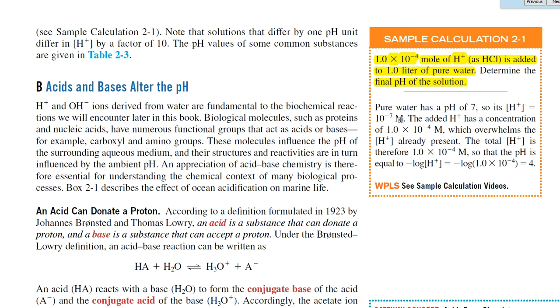Whatever number of hydrogen ions we add, it will show that pH only. So the total is 1 times 10 to the power minus 4 only. The formula to determine pH is minus log of hydrogen concentration. So minus log of 1.0 times 10 to the power minus 4 hydrogen ions added. So pH will be 4.